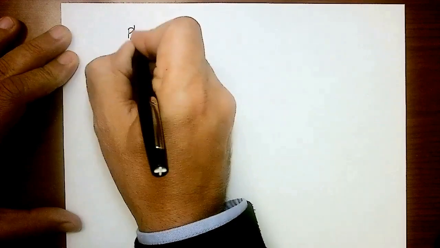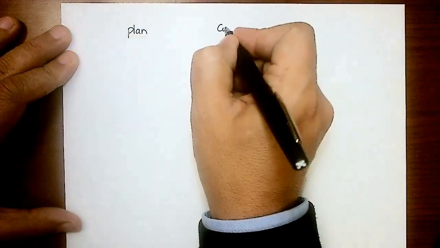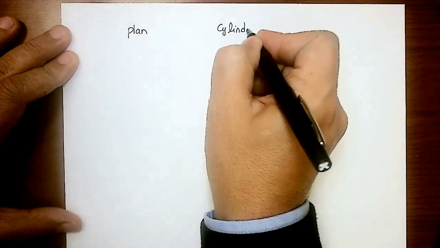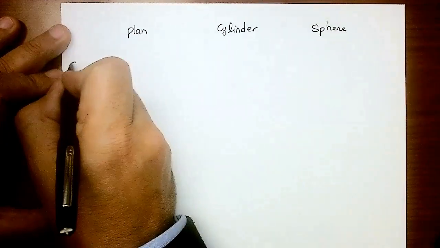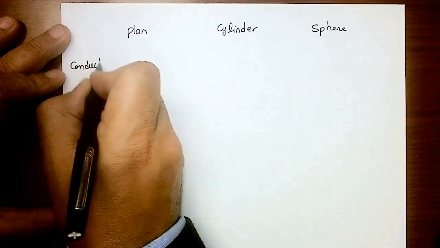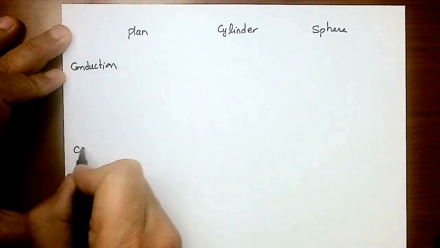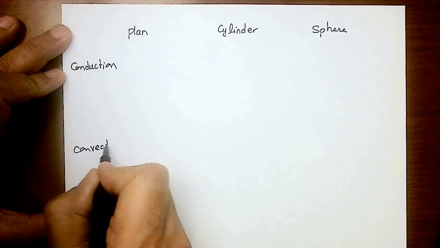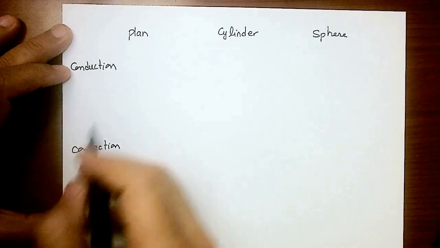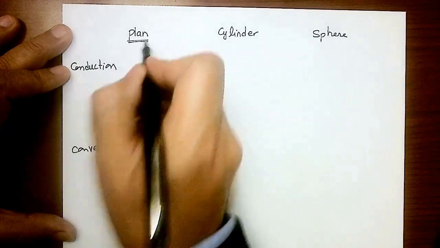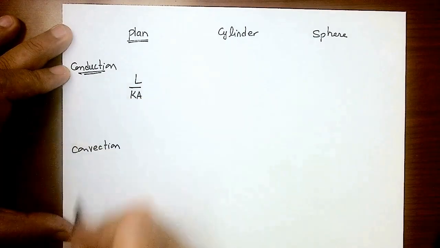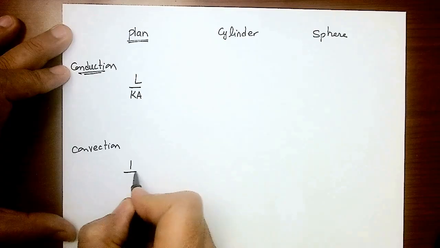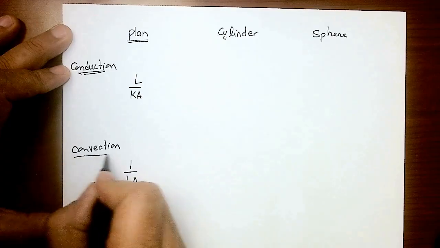So I would say the following. I have plane surface, we have cylinder, and we have sphere. We have conduction, and we have convection. The thermal resistance for plane surface, conduction, it's L/Ka. The convection is 1/Ha.